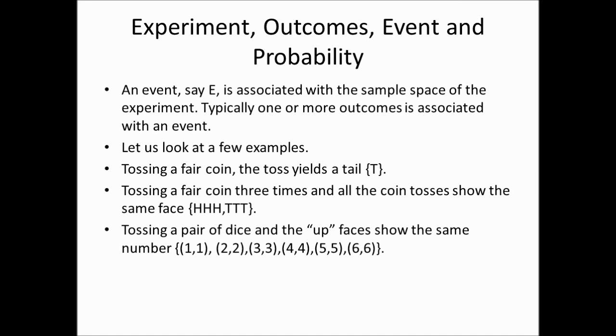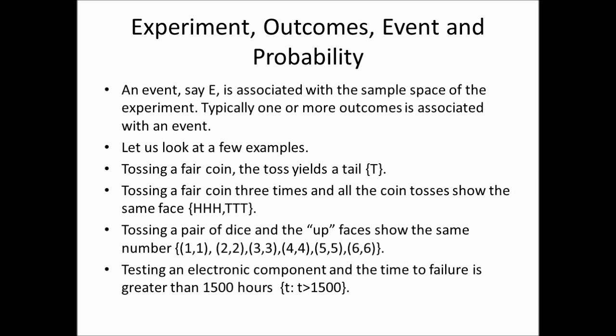As we described before, the diagonal elements of the table, there are 6 of them, will support this particular event. Testing an electronic component, the time to failure is greater than 1500 hours. So in this case, all values of time to failure that are over 1500 hours.